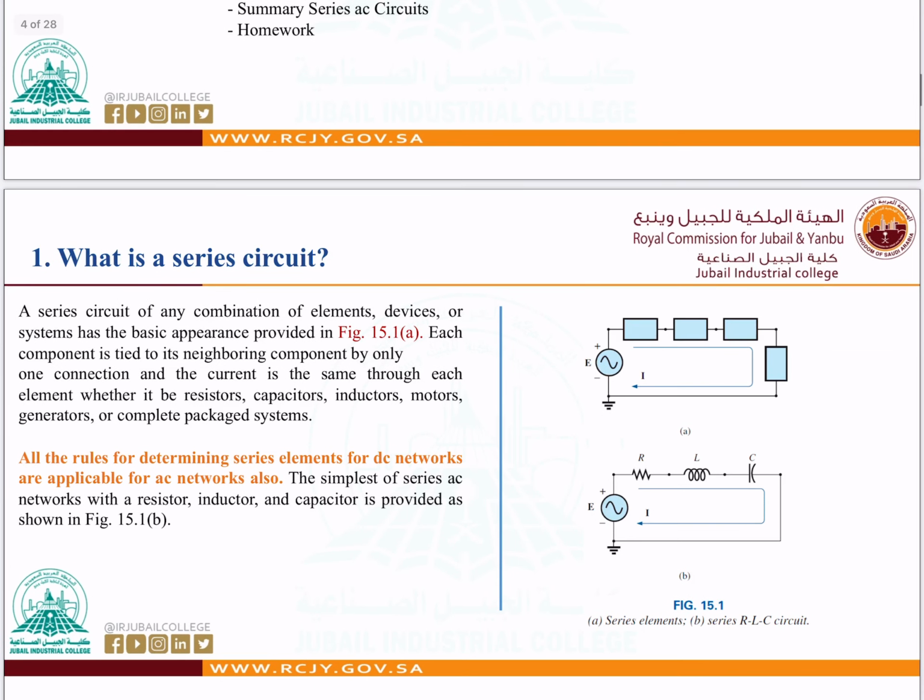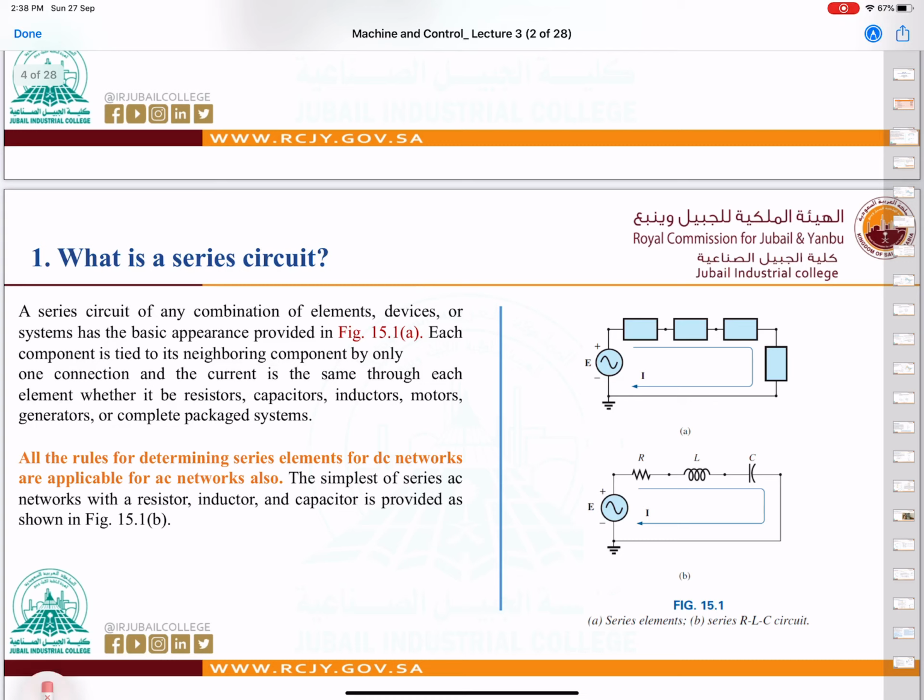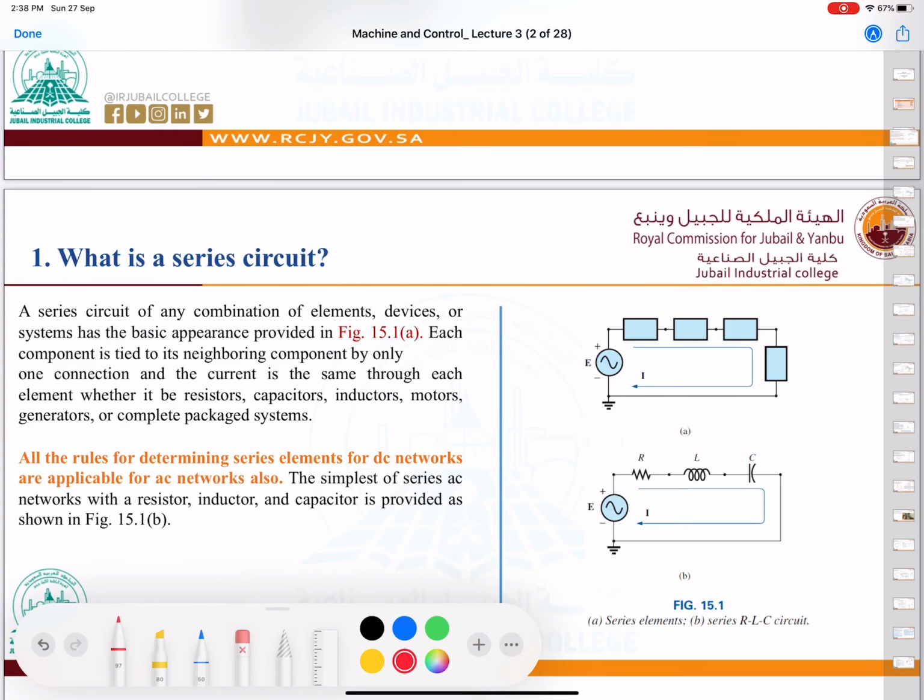First of all, the big question here for this lecture is, what is a series circuit, okay? A series circuit of any combination of elements, devices, or systems has the basic appearance provided in figure 15.1a, as you can see here. This is the series circuit, okay?